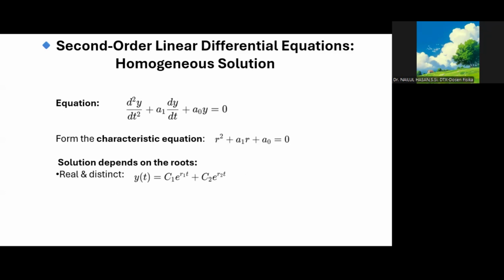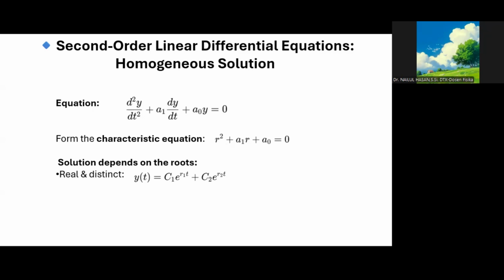So the solution depends on the roots r1 and r2. If the roots are real and distinct, we can write the general solutions, C1 and C2 here, depend on the initial conditions. So this solution is for real and distinct.